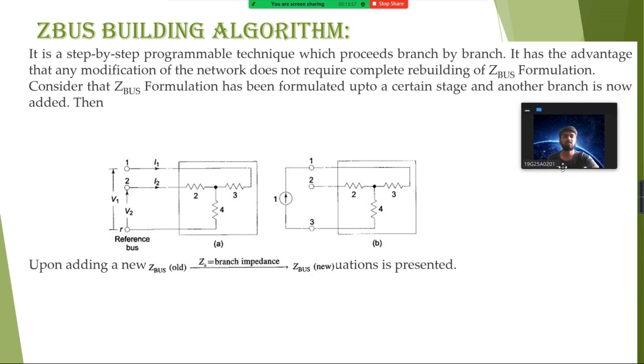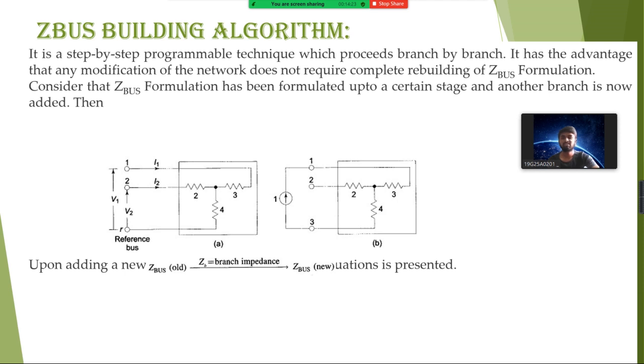The next one is the Z-bus building algorithm. In this algorithm, we are adding a new Z-bus to the old Z-bus of the matrix, and it is a step-by-step programmable technique which proceeds branch by branch.